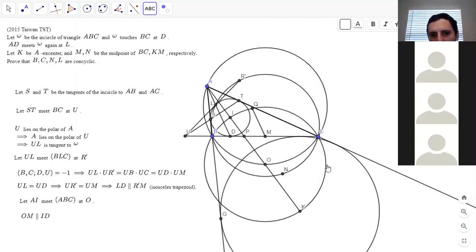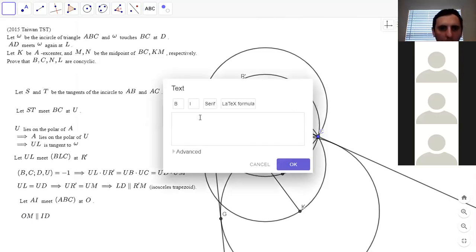It's not hard to show that AI, O, and K are in harmonic conjugation, right?